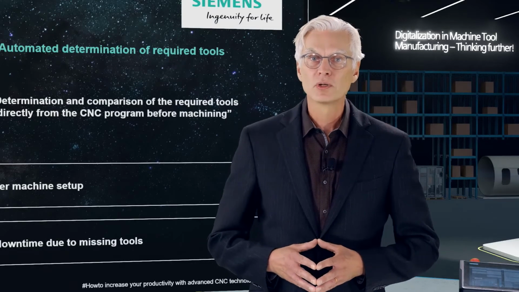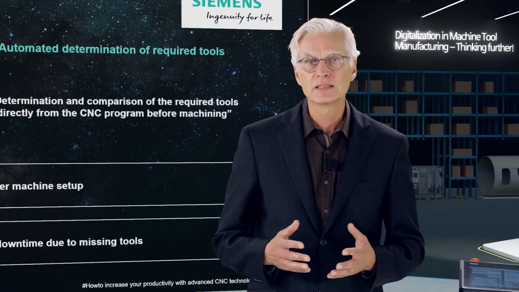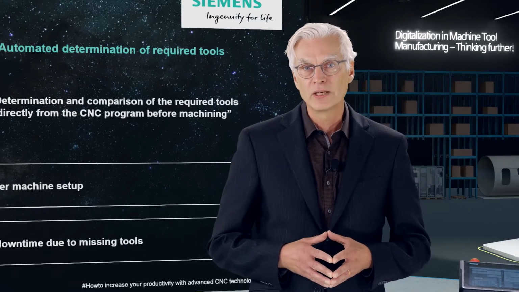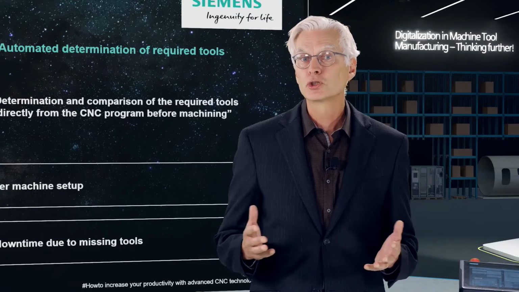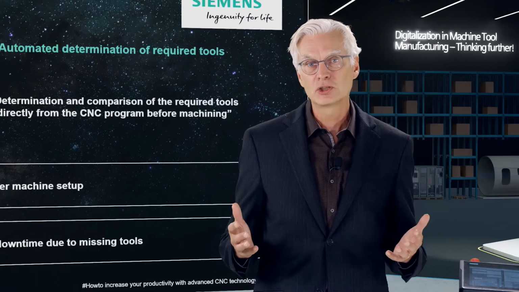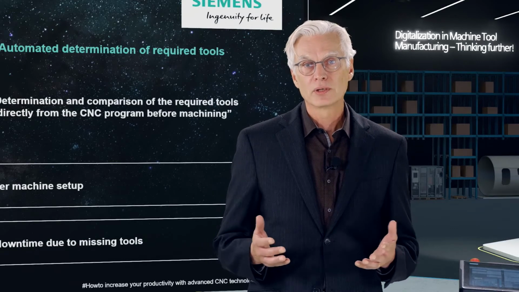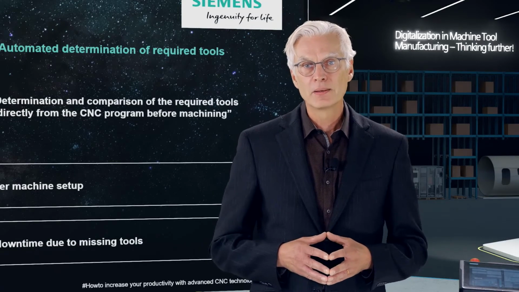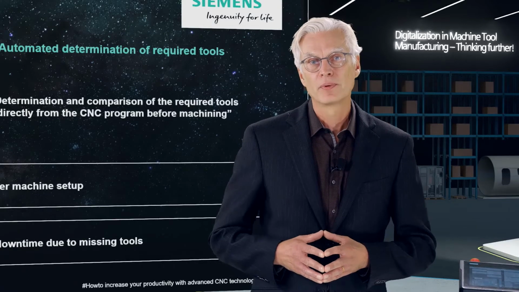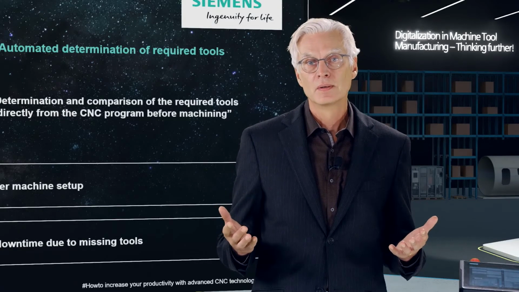So, missing tools there can also be quickly created and loaded based on the data and information in the list. In short, the user benefits from a quick and easy check before the program is started that all tools are loaded. This reliably prevents an unwanted stop in the middle of machining due to missing tools.